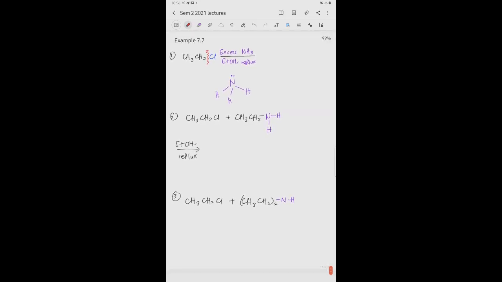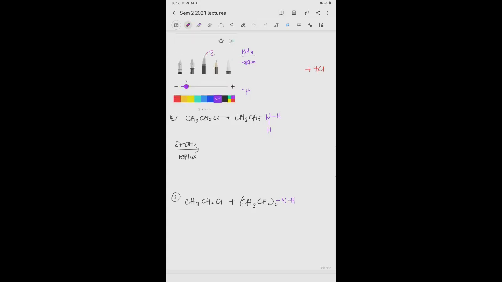We actually have to break one of the bonds between N and H, and this H will combine with the Cl to produce the byproduct, which is HCl. So the main product that we will get is CH3CH2 bonded with NH2, which is called ethanamine.